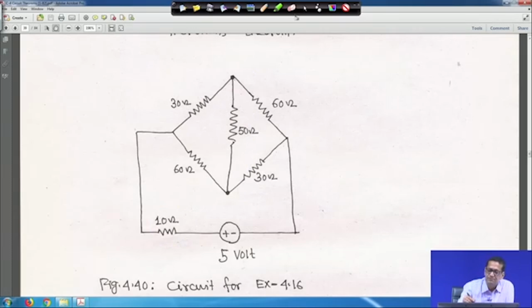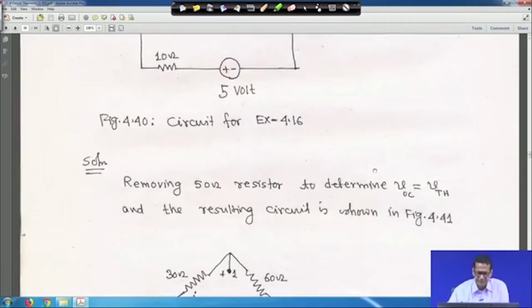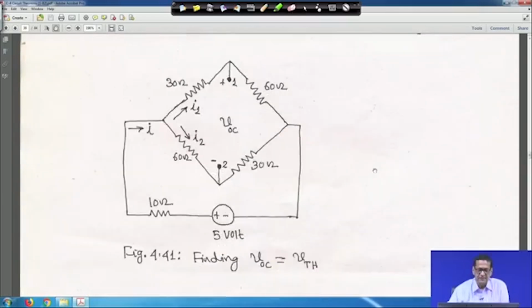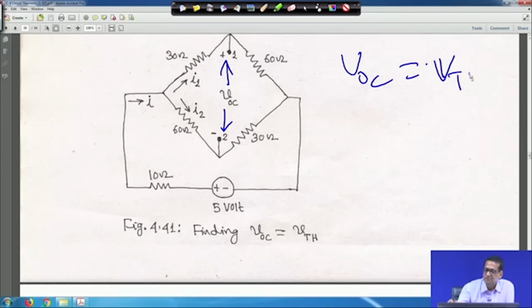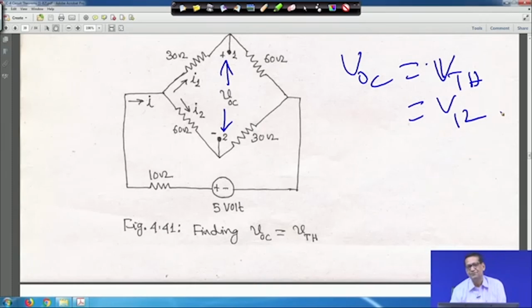So, if you open it, your circuit will be like this. In this case this voltage is your VOC. Every time I am telling you VOC is equal to V Thevenin, sometimes called V12, same thing, right.